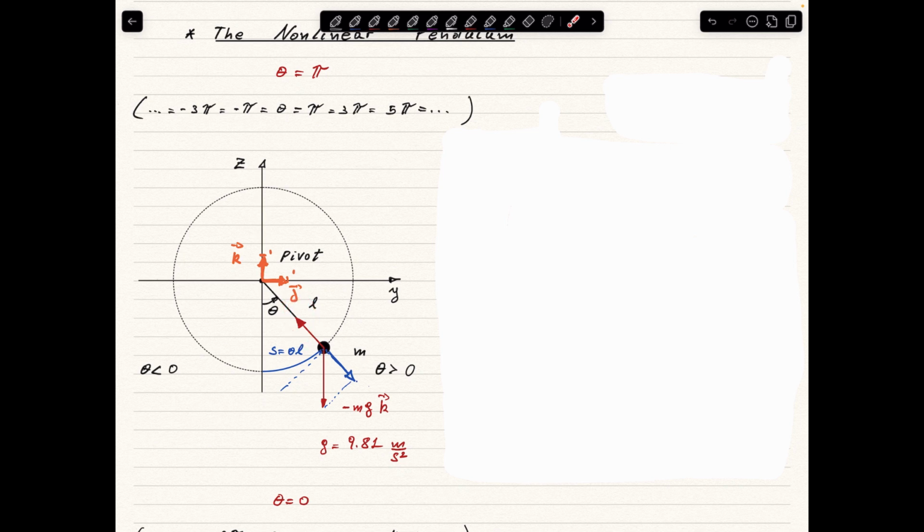So the only part of the weight that creates the movement is the tangential part, which is this part here, and that is the only force that creates the movement in the case we don't have friction.